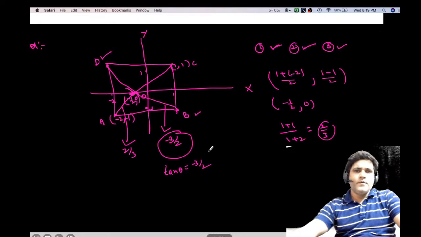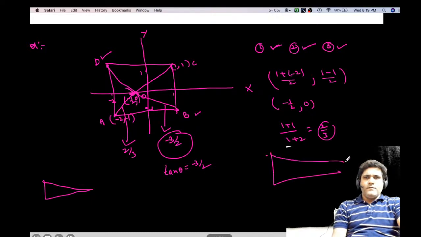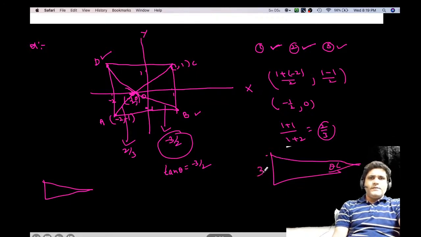Now from this find cos theta and sin theta. See here, this is a right angle triangle. So here tan theta, this is 3, this is 2, and this one is 9 plus 4, that is root 13.